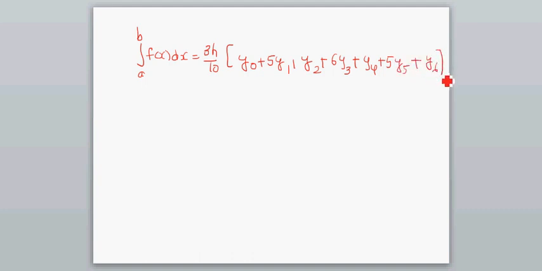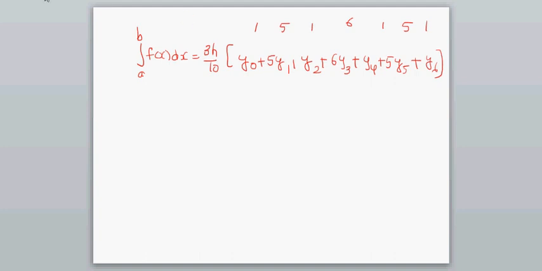I told you to remember the pattern 1 5 1 6 1 5 1 for the ordinates from y0 to y6, so that it is easy to write the formula.